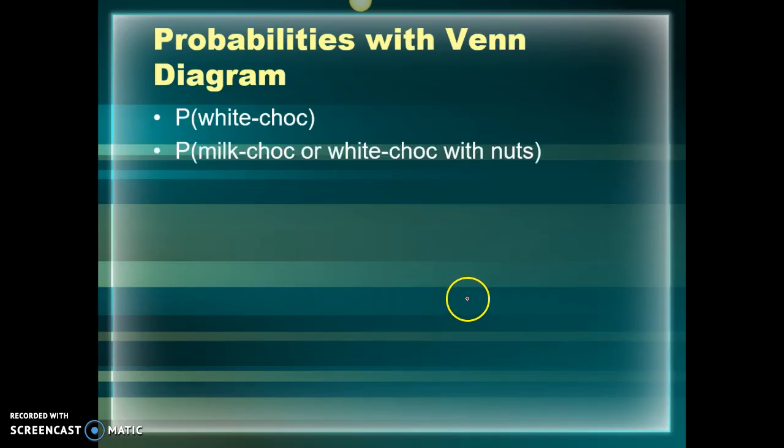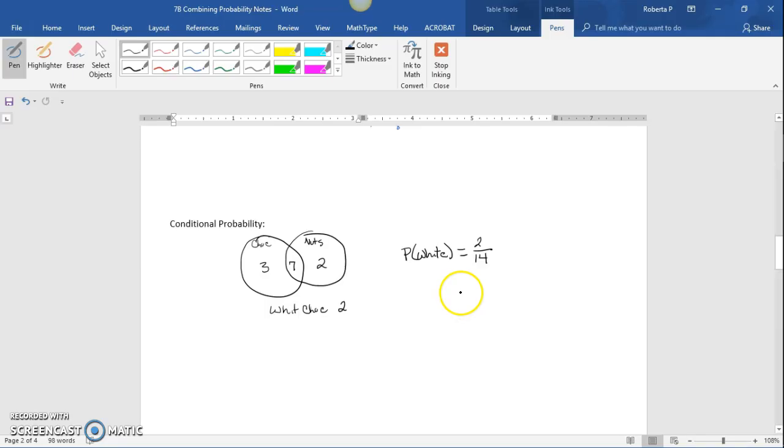And then what's the probability of milk chocolate or white chocolate with nuts? So a milk chocolate bar, there are 3 of them out of 14, or so there's not 10 of them.